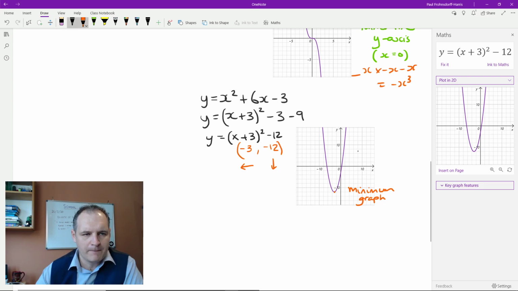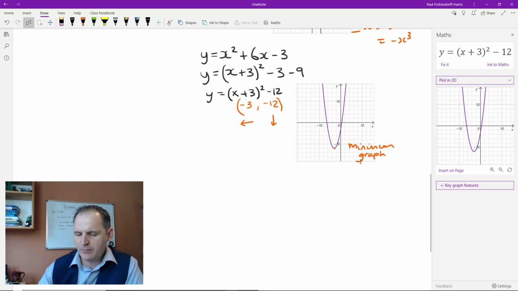Let's do one more. I'll move down slightly, leaving the one above, and we've got y equals minus x squared minus 2x plus 4. So, first off, I'm going to complete the square.